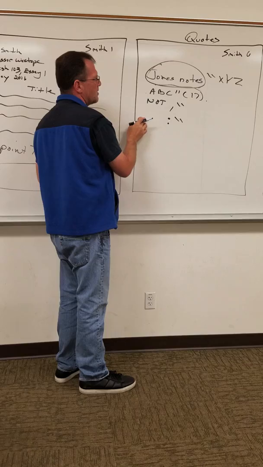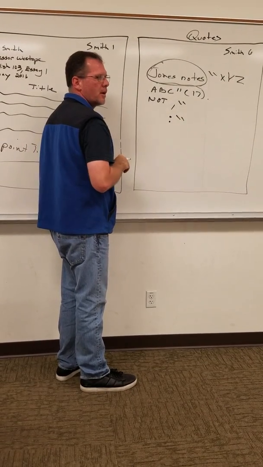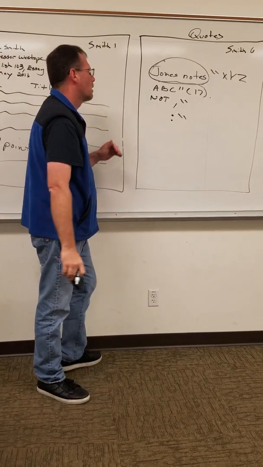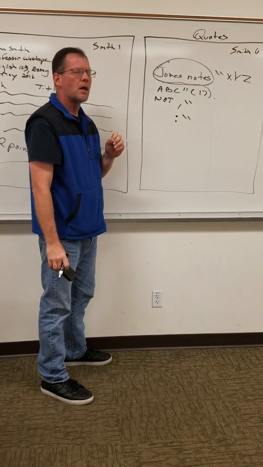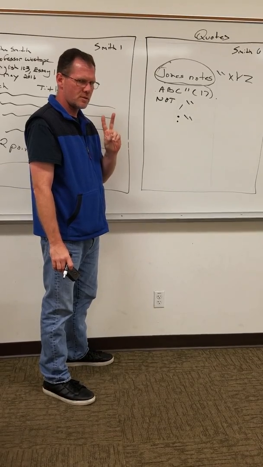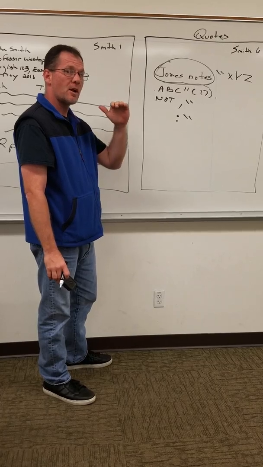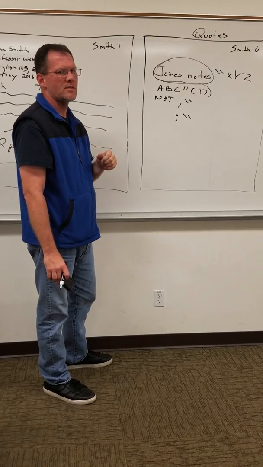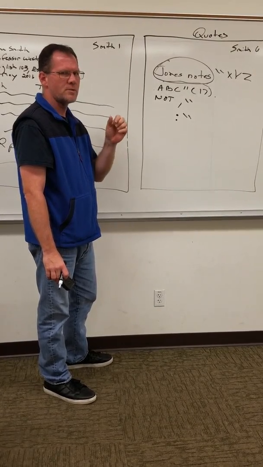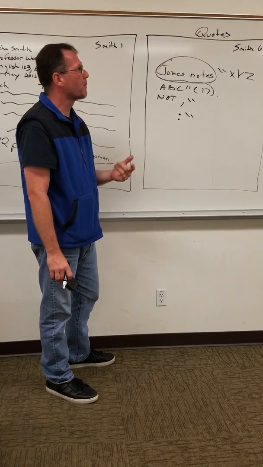So if I said, for instance, here, Jones notes the following, then I can use a colon to introduce it. More importantly, MLA divides up quotes into two types based on length. Short quotes are things that are less than 4 typed lines, and long quotes are quotes that are longer than 4 typed lines, and they're handled differently.